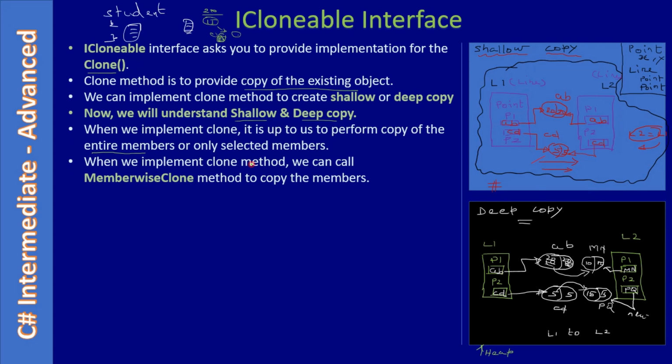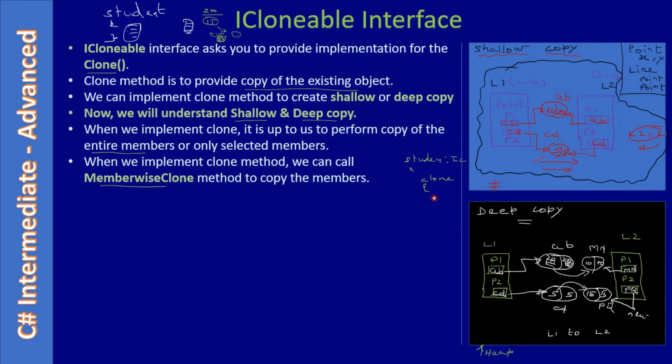When we implement the clone method, we can call MemberwiseClone to copy the members. Say for example, we have a student class that implements ICloneable, and inside it provides an implementation for the clone method.